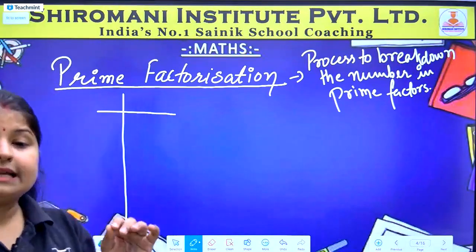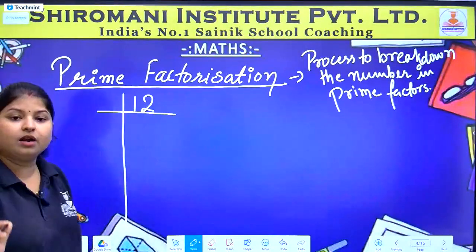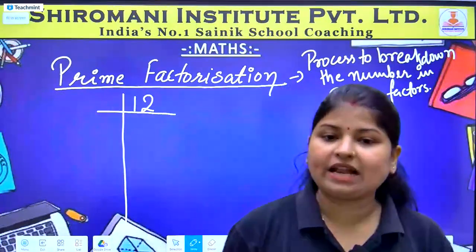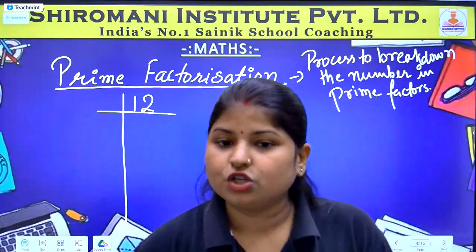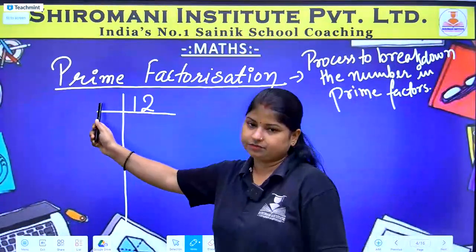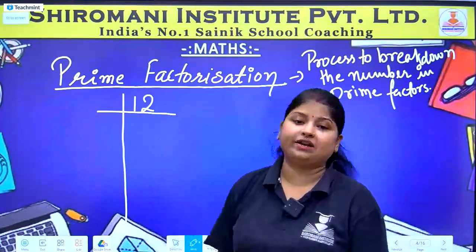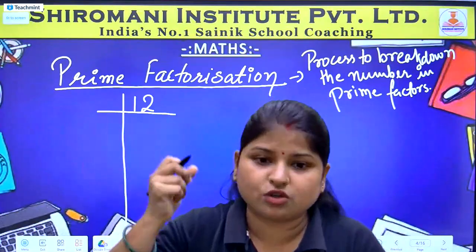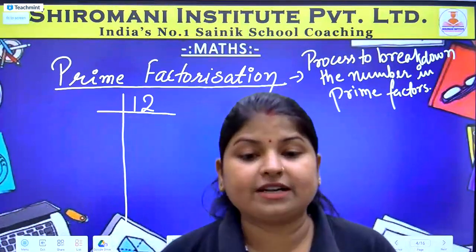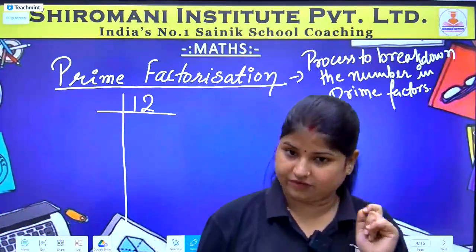Now, suppose I told you 12, right? Just now, we learned the factors of 12. If I ask you to prime factorize 12, on this side you can write the numbers that divide 12. But you have to remember that yes, 6 also divides 12, 4 also divides 12, 3 also divides 12, 2 also divides 12, 1 also divides 12, right?